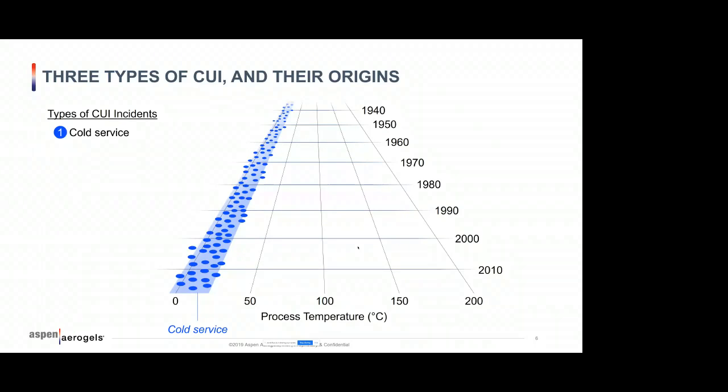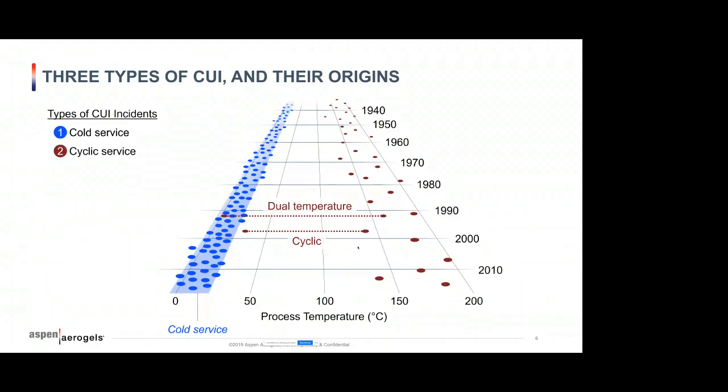The other kind of CUI, which is not as aggressive, you can see that by the number of dots here, is what we call dual temperature or cyclical CUI. And this tends to be where the process actually travels through the CUI window. So here we're looking at a CUI window of 0 to 200 degrees C. That's really predominantly where CUI tends to occur.